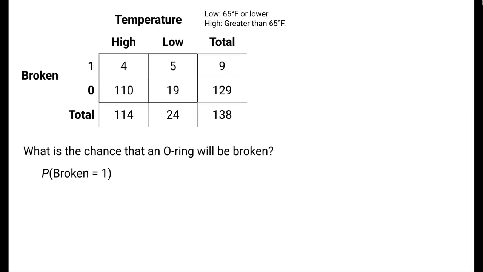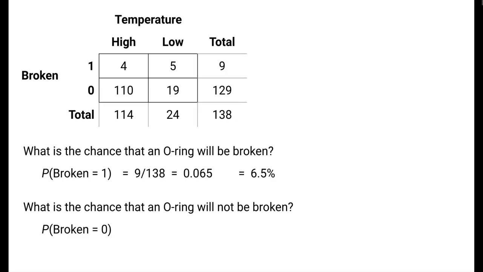We don't have the whole population of all O-rings ever made and tested, but we can estimate this chance of being broken from our sample of O-rings. There are 138 total O-rings in our sample, and of these 138, 9 broke. So our estimate of the probability of an O-ring breaking is 9 out of 138, or 6.5%.